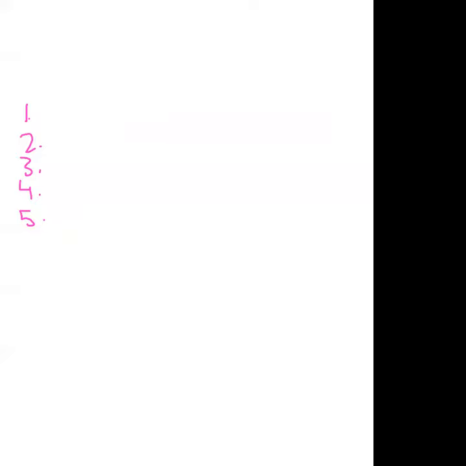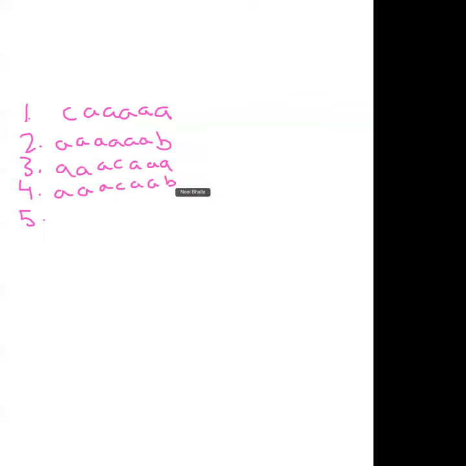There's only one string with 6 letters in it. That's C with 5 A's. Then after that, we have all the 7-length strings. The first one would be 6 A's, then a B. After that, we have this one right here, 6 A's and a C. The next one's going to be A, C, A, B. So these two are right next to each other in the short lex language.